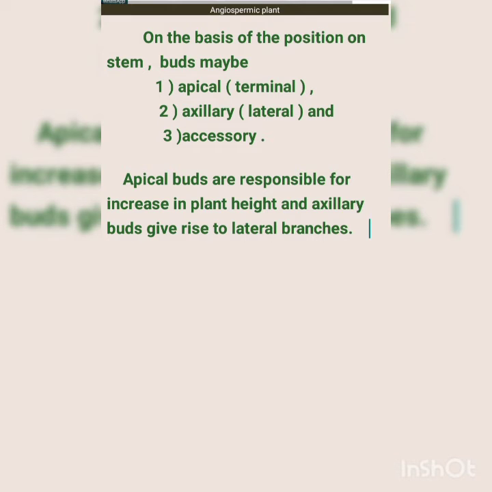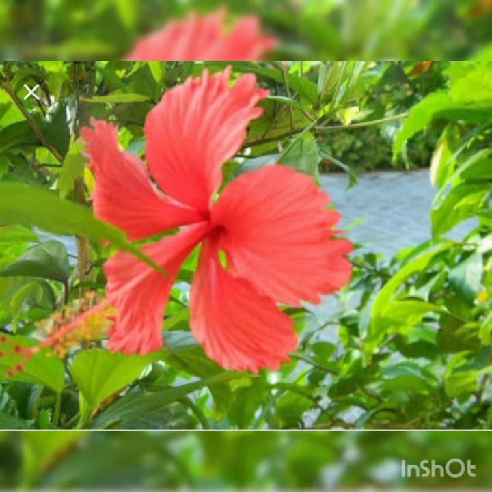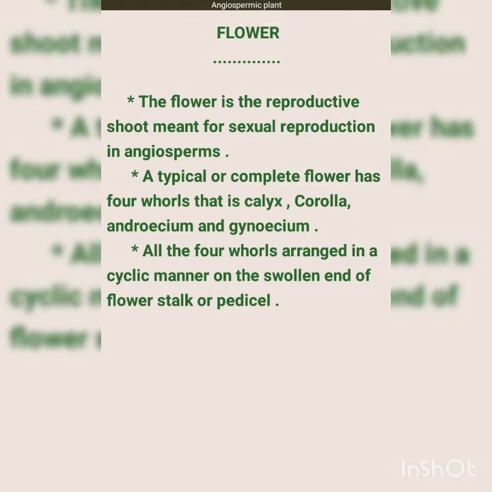Then the main part of this angiospermic plant is flower. The flower is the reproductive shoot meant for sexual reproduction in angiosperms. A typical or complete flower means where 4 whorls are present.